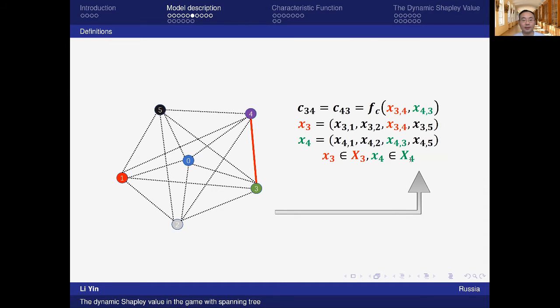For example, this is a 5-person game, and in the center is the source 0.